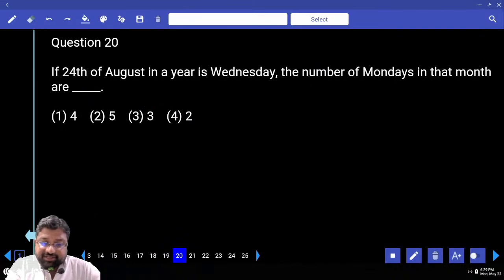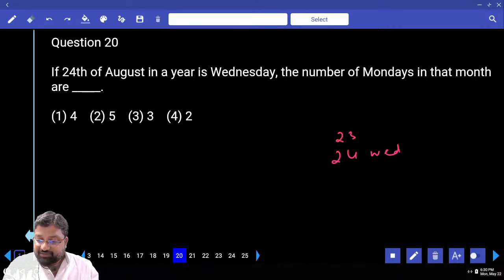24th August in a year is Wednesday. The number of Mondays in that month are? Ma, what is 24th August? In a year it was Wednesday. So, look at this. 24th is Wednesday. 23, 22, 21.